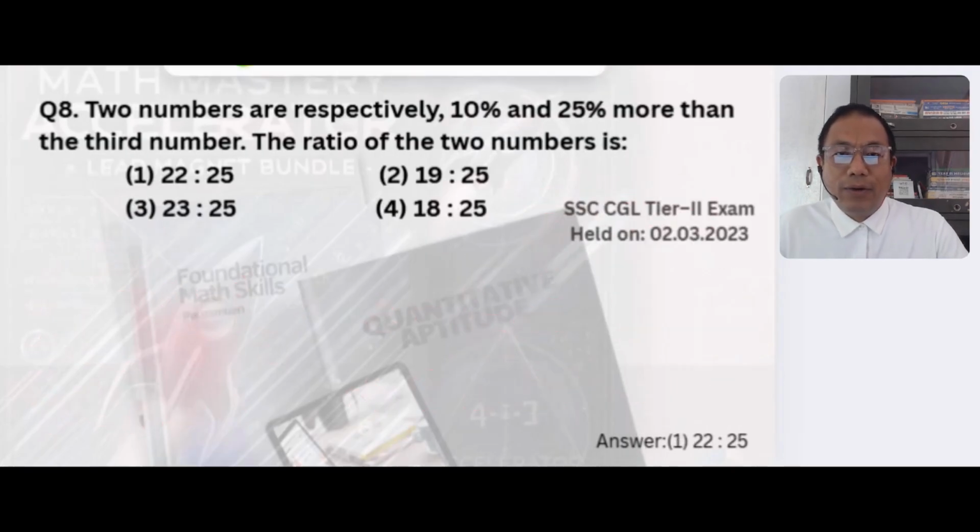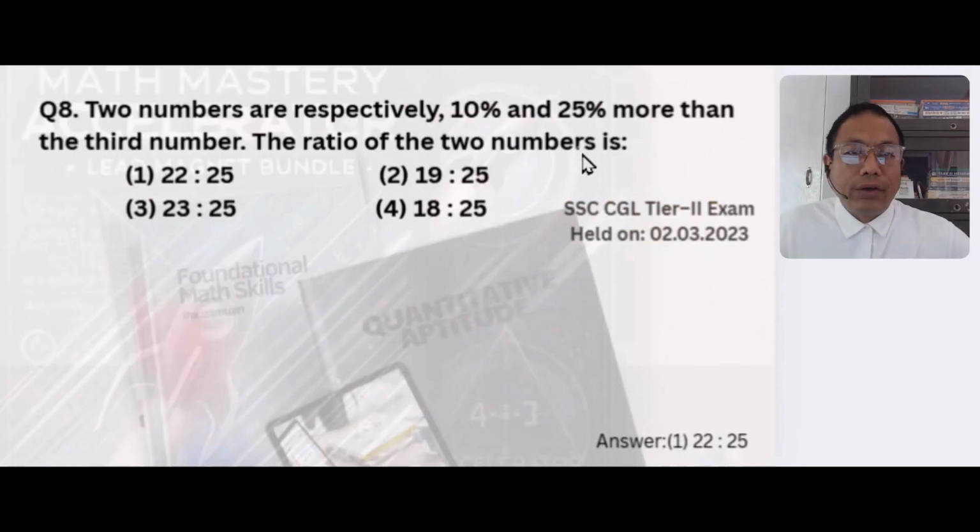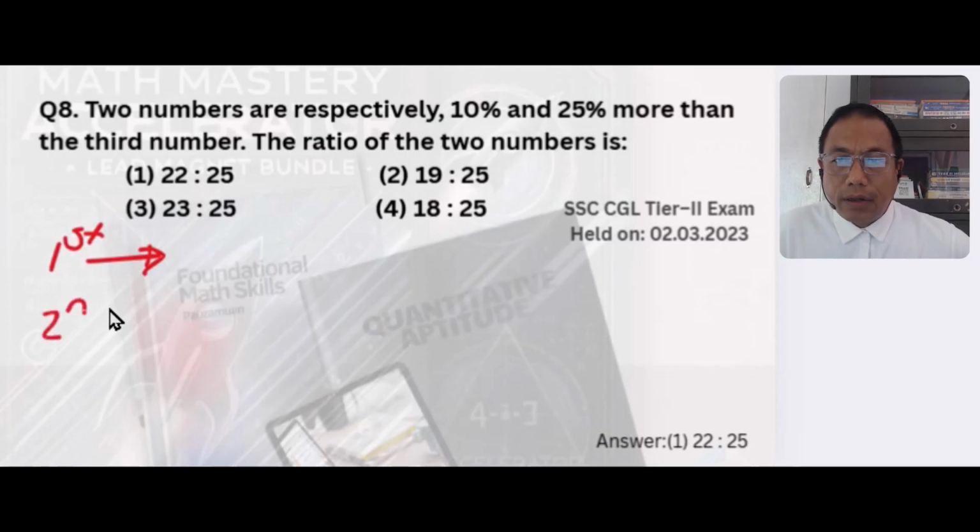Okay, you want to solve more? All right, let's solve question number 8. Two numbers are respectively 10% and 25% more than the third number. First number, second number, third number.